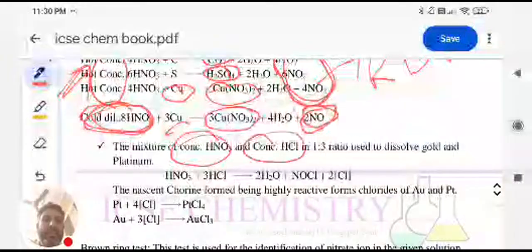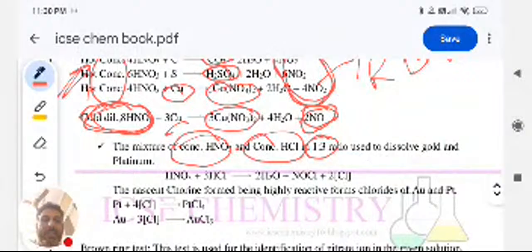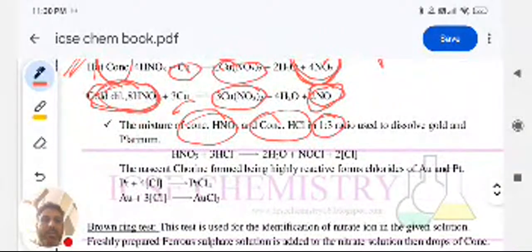The mixture of concentrated nitric acid and concentrated HCl in the ratio 1:3 is called aqua regia. Aqua regia is used to dissolve gold or platinum, because it gives you nascent chlorine atoms, which are highly reactive.